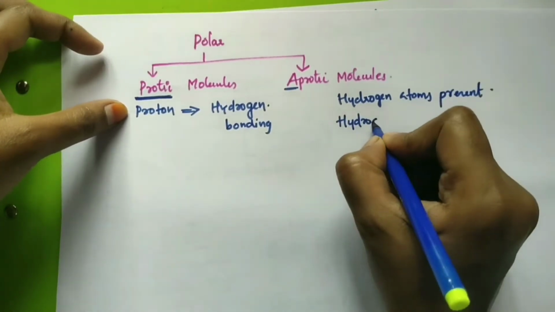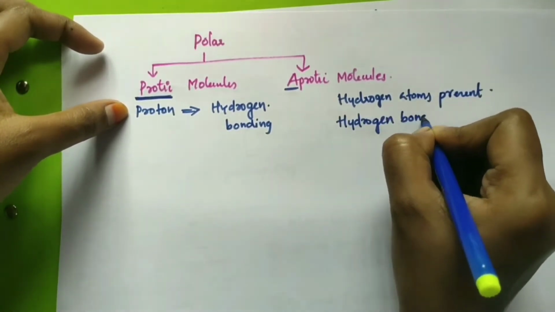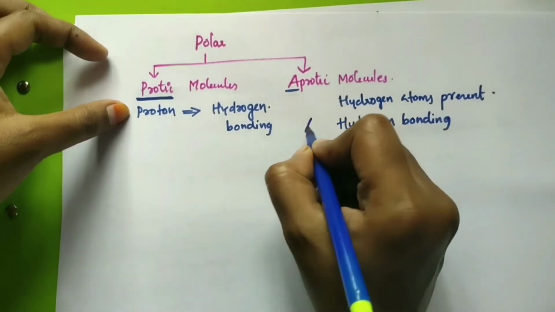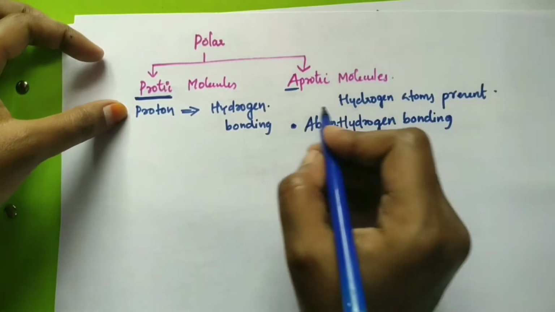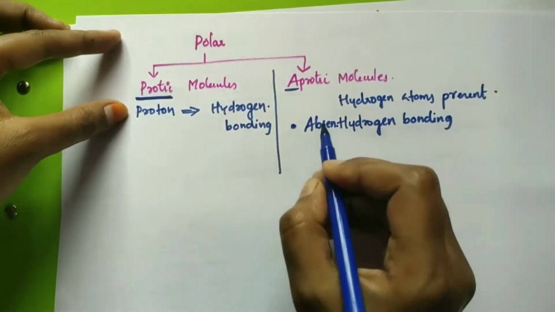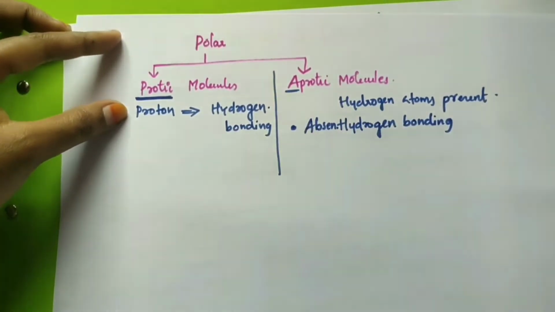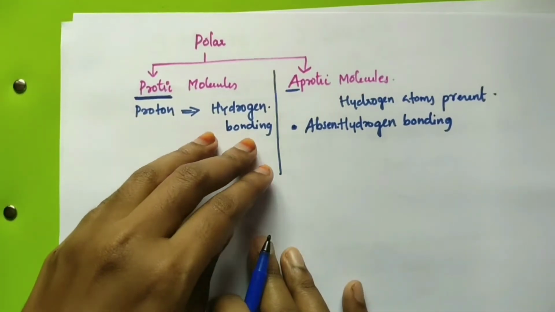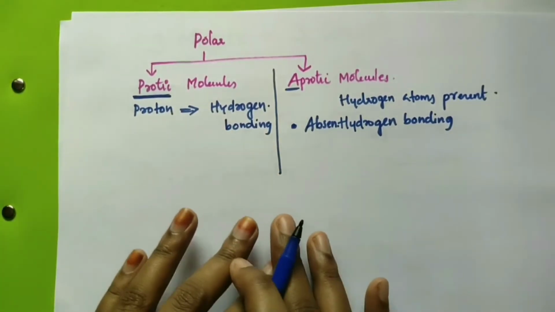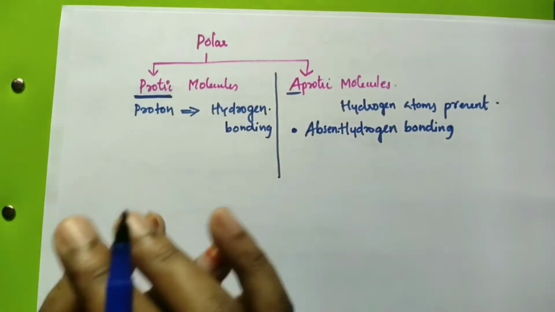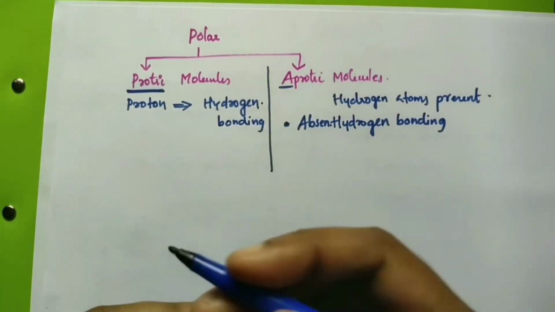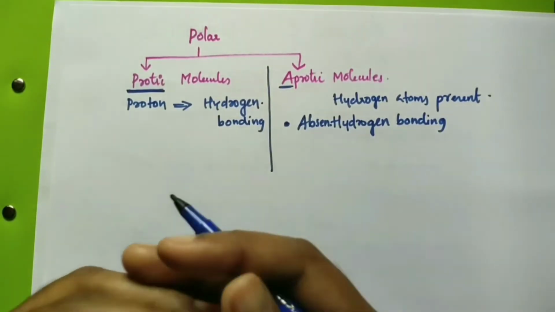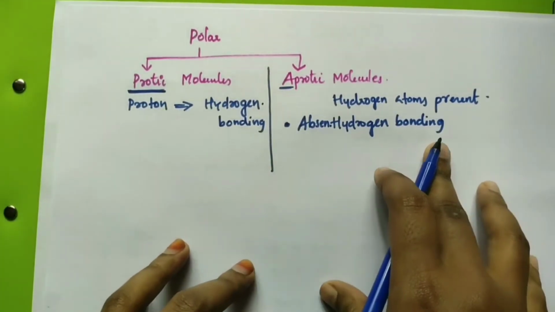There is absence of hydrogen bonding in aprotic molecules. From the name onwards we are getting it. So this is my first trick. Now onwards you are not going to forget it. You don't have to memorize things. You just say the words and you get the answer from the name itself.